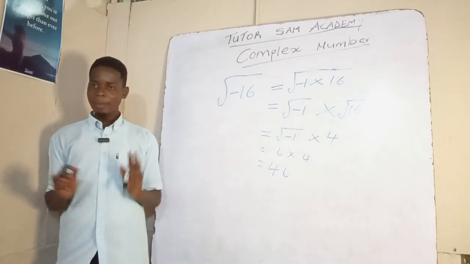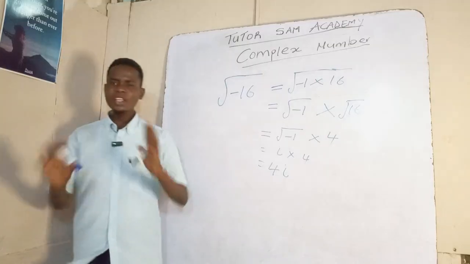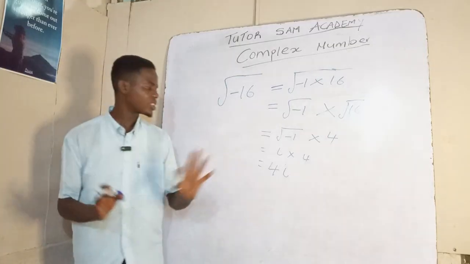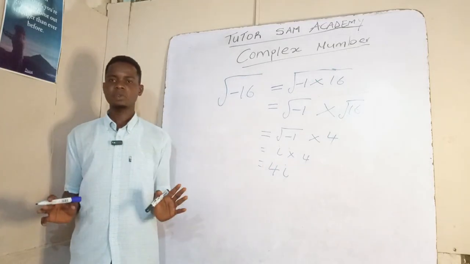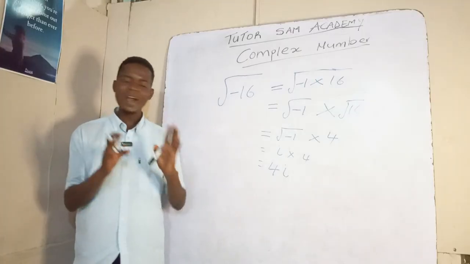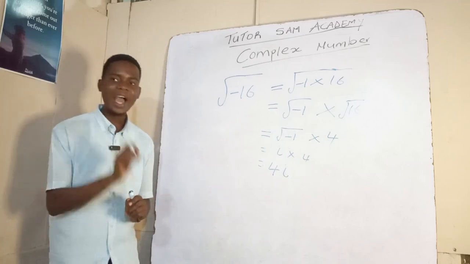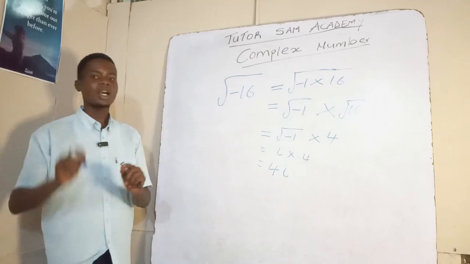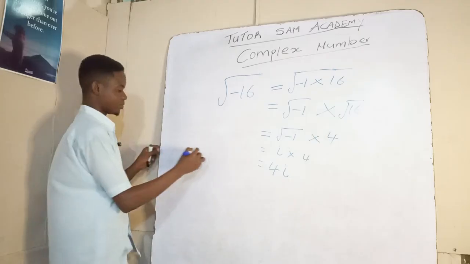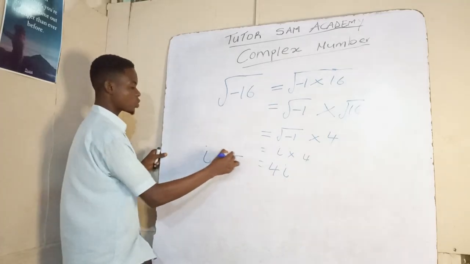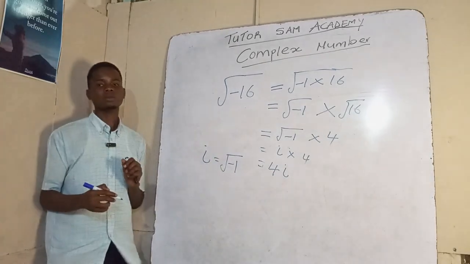Minus 1. I believe you understand now. Now, in complex number, we will be dealing with this i several times. So, always have it in your mind that i is equal to square root of minus 1.